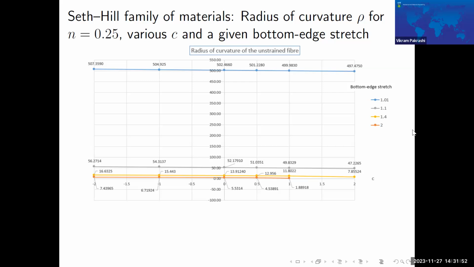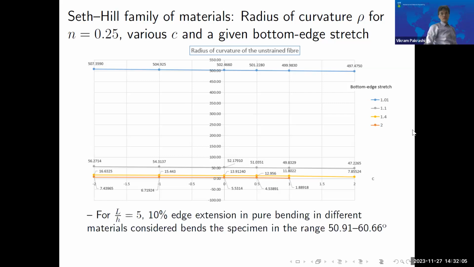And even for 10% of stretching, which is the gray line here, we see a difference of roughly 10%. Meaning that for a specimen of certain length, say 5 times larger than the height of the beam, 10% edge extension in pure bending in different materials bends the specimen in the range of plus or minus 10%.